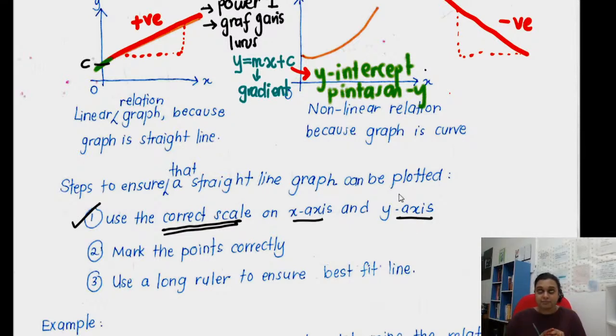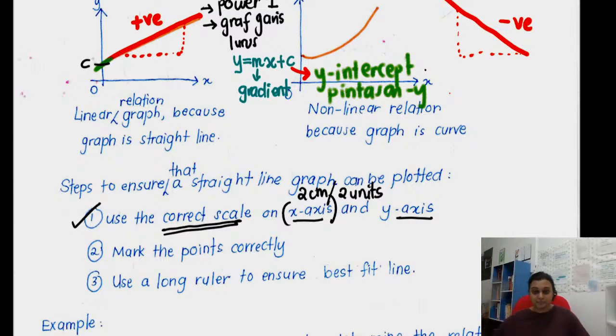Sometimes the question will give you the scale. Contoh, for example, they will say 2 centimeter to 2 units. That means in your graph paper, when you have it ready, you take a long ruler. Teacher will suggest to use a long ruler.